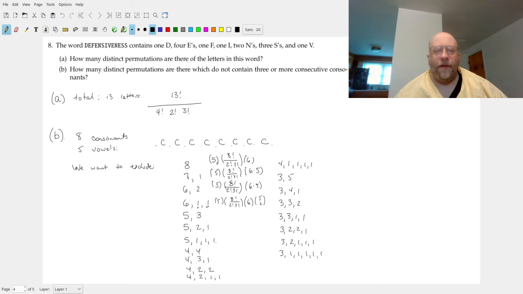And is that going to work? In the order for those. This, I think, is a terrible way of doing this, breaking that down into a whole bunch of cases and adding this up. But this would get us to the answer that we take the total number of cases and then subtract all of these cases that have 3 or more consecutive consonants.